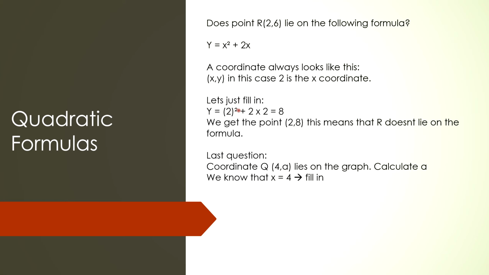Well, that's 4 times 4 equals 16, plus 2 times 4 equals 8. So 16 plus 8 should be 24, and I'm right. Well, that means we get the coordinate 4,24, so in the place of the a, we get 24, which means the number for a is 24.